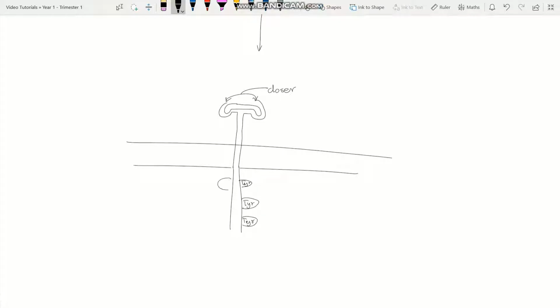Now, as we all know, tyrosine is an amino acid. What actually happens when these two groups are brought together is that these tyrosine groups are phosphorylated. This means that a phosphate group is added to them.